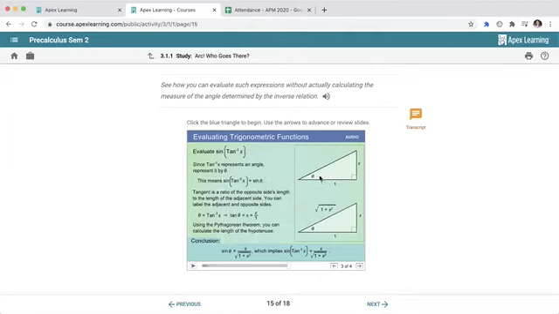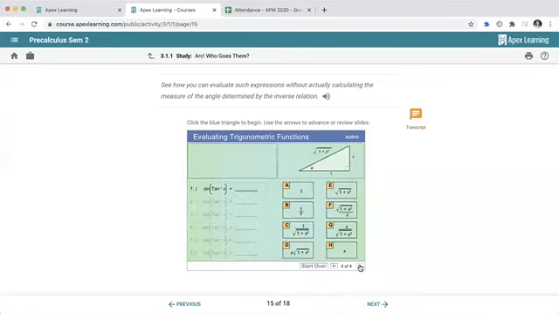And that's going to be x over 1, opposite over adjacent. Then we can use the Pythagorean theorem to solve for the hypotenuse there. Then we can say sine of this angle is going to be opposite over hypotenuse. Understanding this, you can then solve the other 6 trigonometric functions.